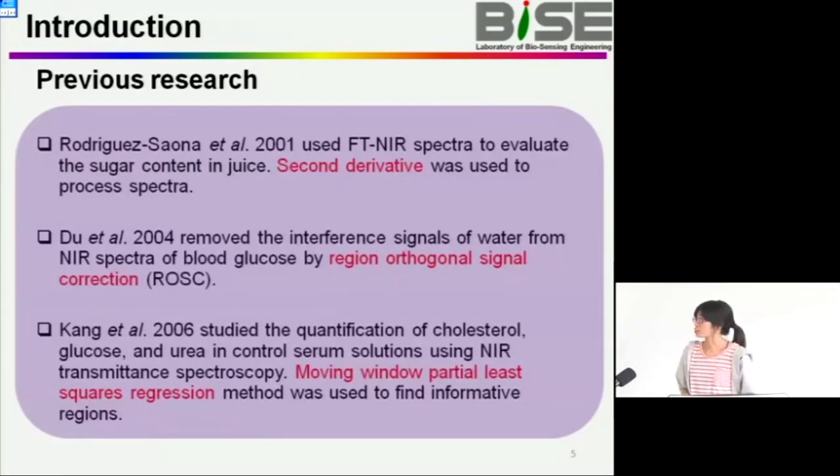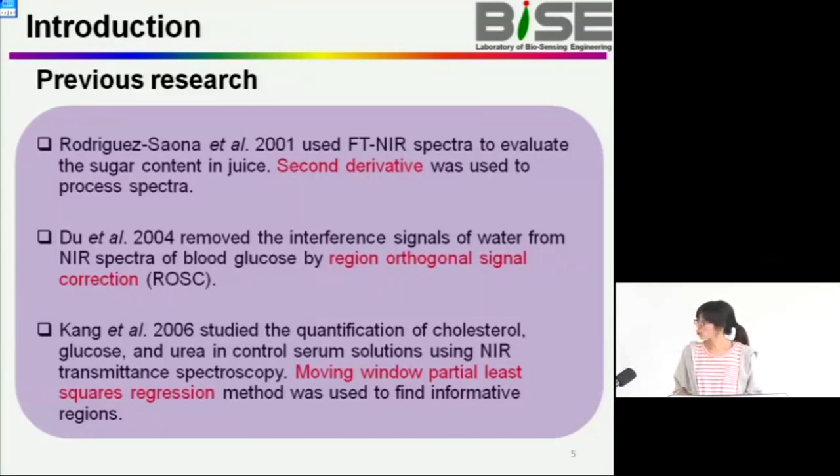In previous research, usually they used mathematical methods to remove the water interference, such as the second derivative method, which was used to process spectra of juice, and the orthogonal signal correction method, which was used to remove the interference signal of water from NIR spectra of blood glucose.